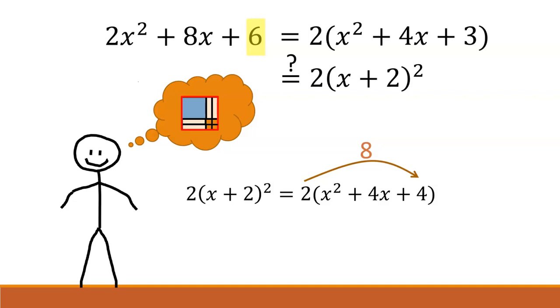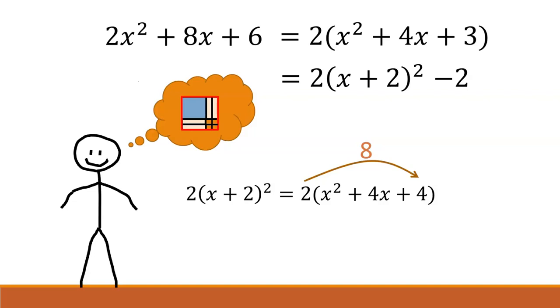So the original polynomial actually has a constant term that's 2 less than the one that we see when we simply have 2 times the quantity x plus 2 squared. So by completing the square, we have an expression 2 times the quantity x plus 2 squared minus 2 that's equivalent to our original expression.